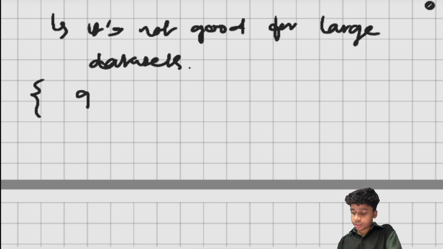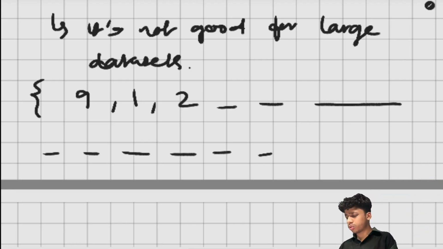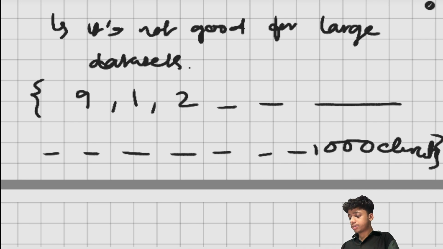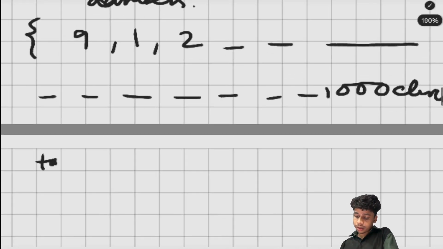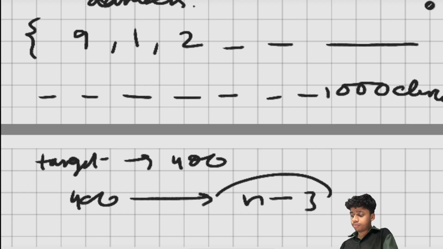Suppose you have an array starting from 9, 1, 2 and it goes up to hundreds of thousands of elements. ठीक है, and तुमको एक टारगेट मिला. Suppose it is 400. Okay, and 400 exists at, let's say, n minus 3 position.